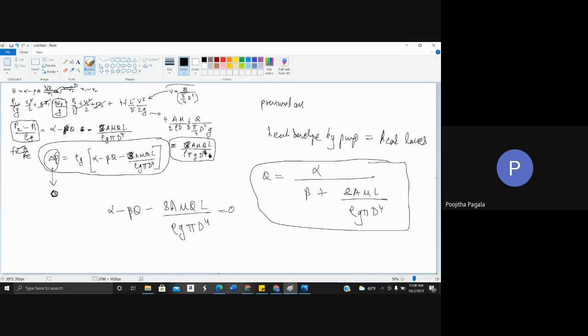Is everyone clear with this concept? Why did I take delta P to be 0? Yes, Anna. Okay, so that's it. This is the problem. So the problems on Bernoulli's equation which involve a pump and losses, make sure to practice them several times, because they are problems which you should be scoring.